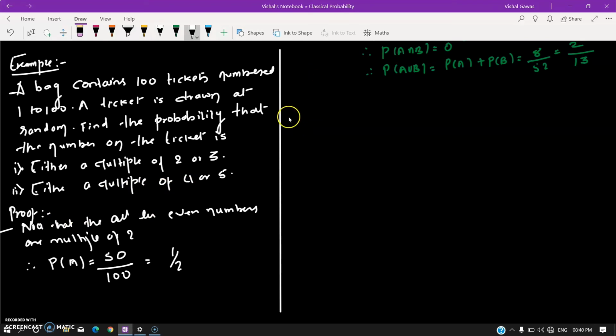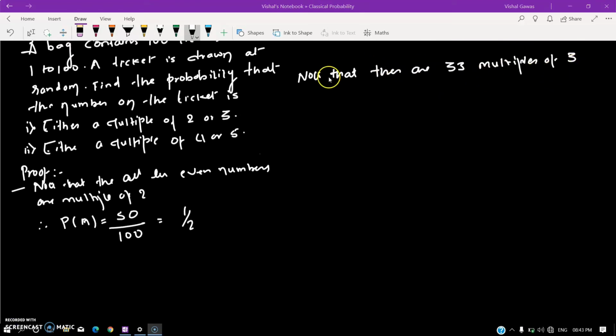So note that there are 33 multiples of 3, as I said. So what happens is probability. Here, let A be the event of getting a multiple of 2.